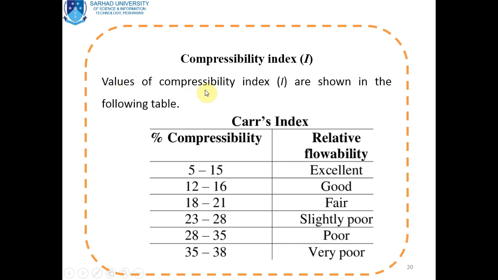You can see the values of the compressibility index in the following table. Percent compressibility index values and relative flowability range from excellent to very poor. A value of 5 to 15 percent for the compressibility index means the powder sample has excellent flow.